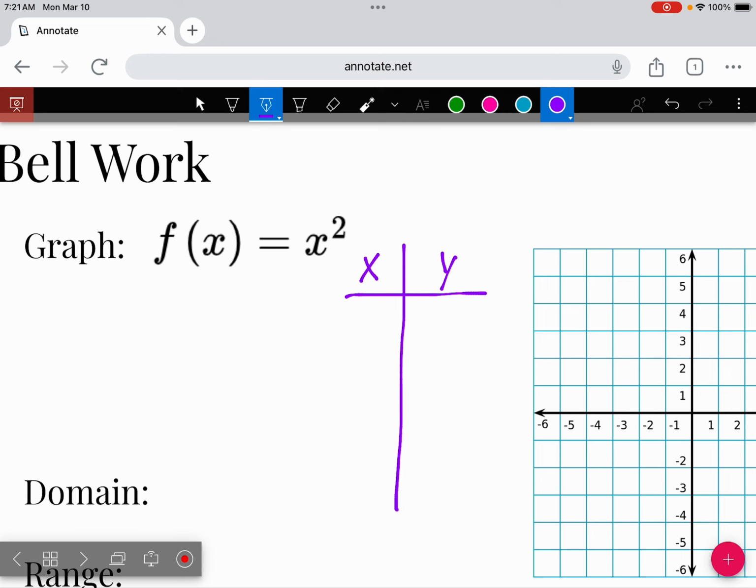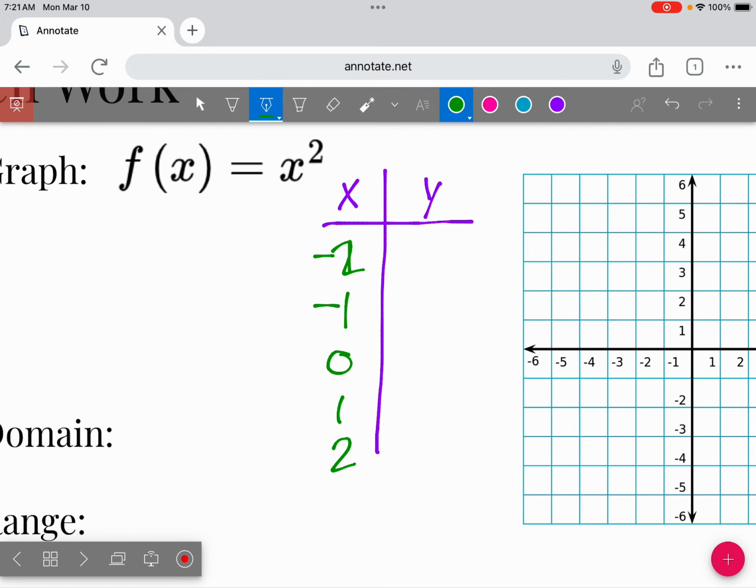I did -2, -1, 0, 1, and 2. That is an excellent set of choices. Because what do we get when we put them through our function for our x squared here? What is -2 squared?